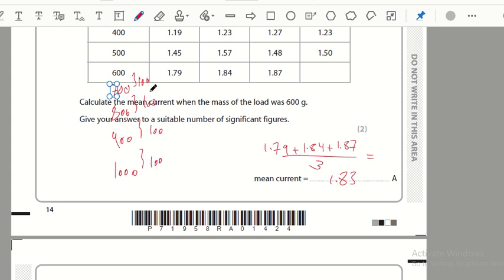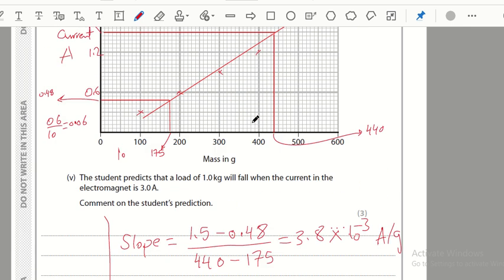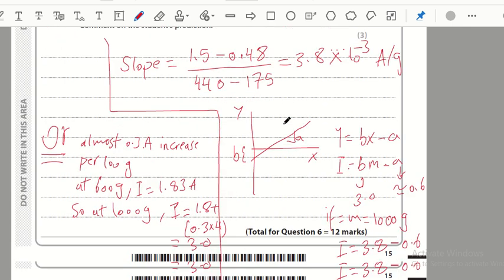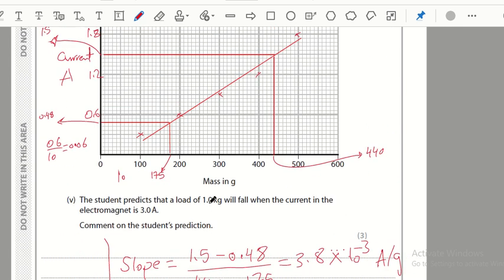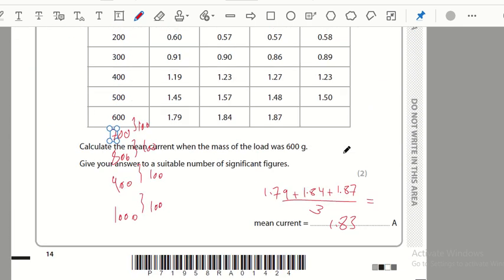So we have 4 increases of 100 gram, and for each one 0.3, so the increase should be 0.3 times 4, and this should be added to the last value we stopped at, which is 1.8.